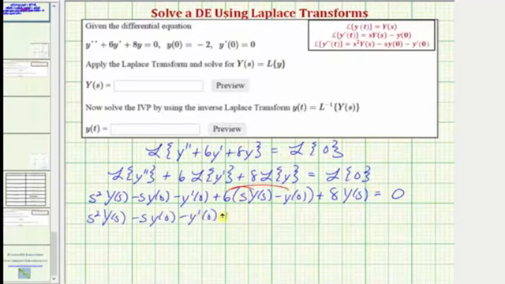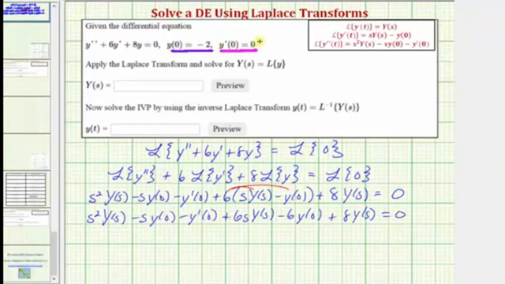So distributing, we have plus 6s times big Y of s minus 6 times y of 0. And now using the initial conditions, we'll substitute negative 2 for y of 0 and 0 for y prime of 0.